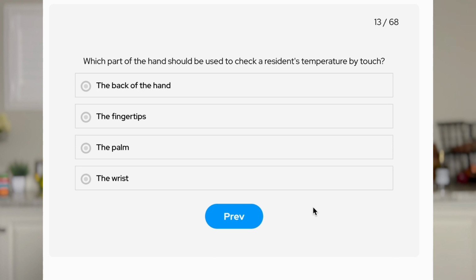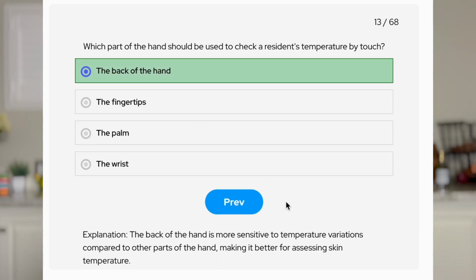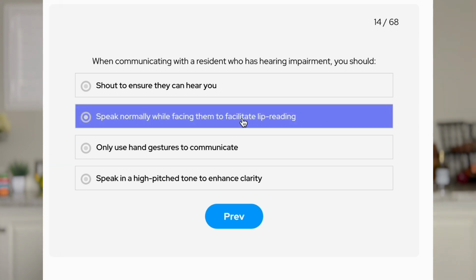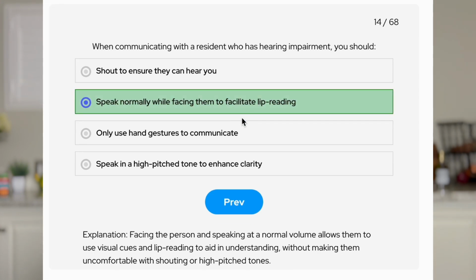Which part of the hand should be used to check a resident's temperature by touch? The back of the hand. When communicating with a resident who has hearing impairment, you should speak normally while facing them to facilitate lip reading.